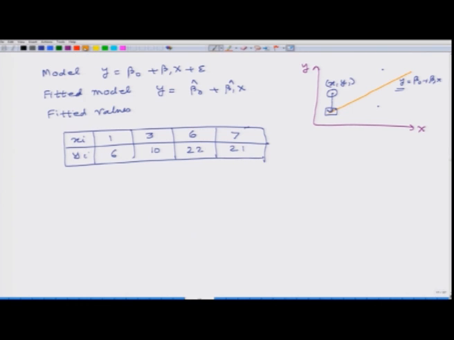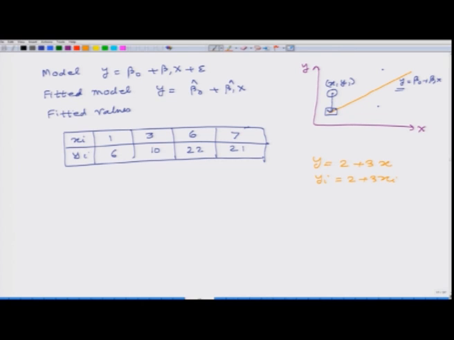Now suppose after fitting the model, after obtaining the values of beta 0 hat and beta 1 hat on the basis of these 4 pairs of observations, I get a model y equal to 2 plus 3x. This means all these xi, yi are also going to satisfy this model.